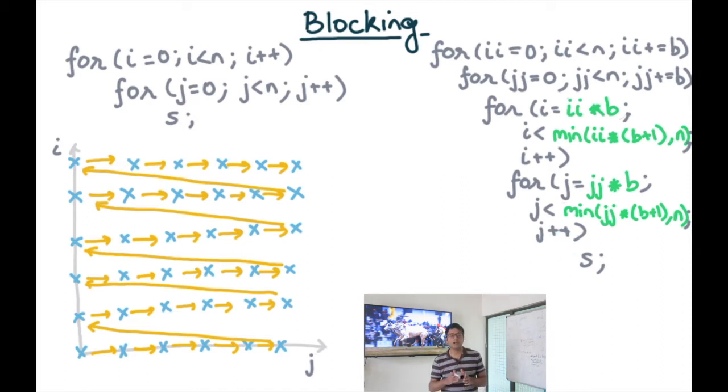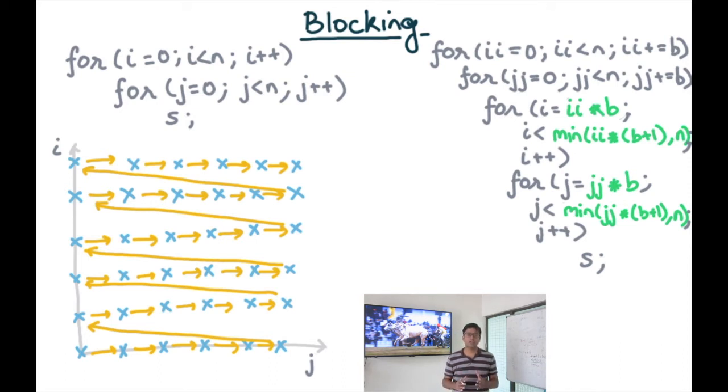So the inner loops are iterating at an interval of 1, and the outer loops are iterating at an interval of b. And the statement is now executed inside this loop nest of depth 4. So when I do this, the question is, is it okay to do this? When is it okay to do this?